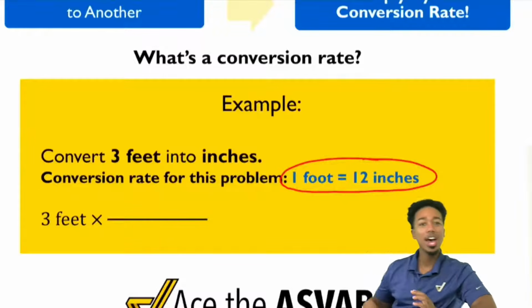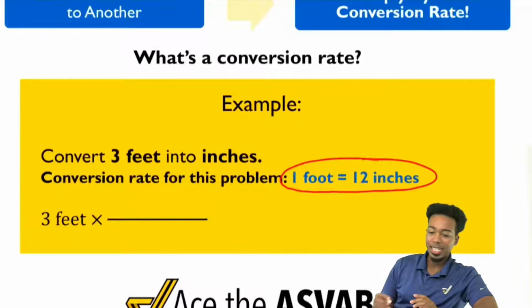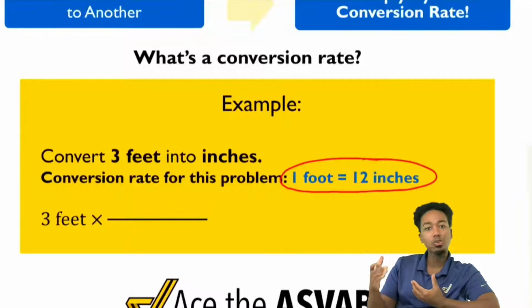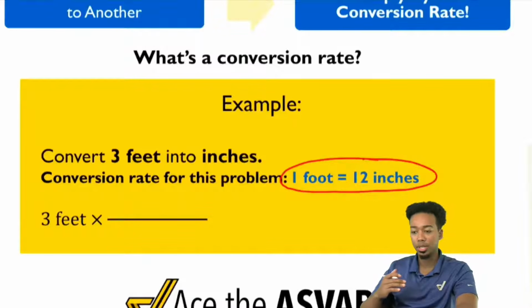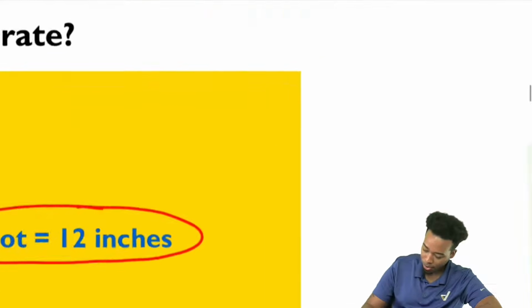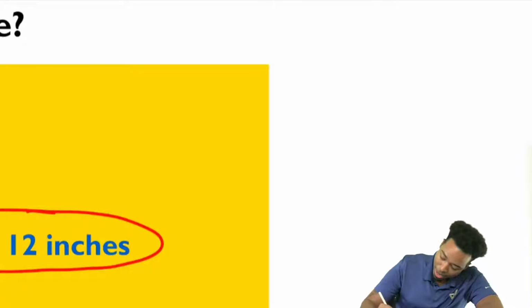So let me show you how to apply this, everybody. The idea of a conversion rate, it basically is to cancel out the old unit and leave the new unit. So let me write this down for you. Everybody, please take a quick moment right over here. The main idea behind a conversion rate.